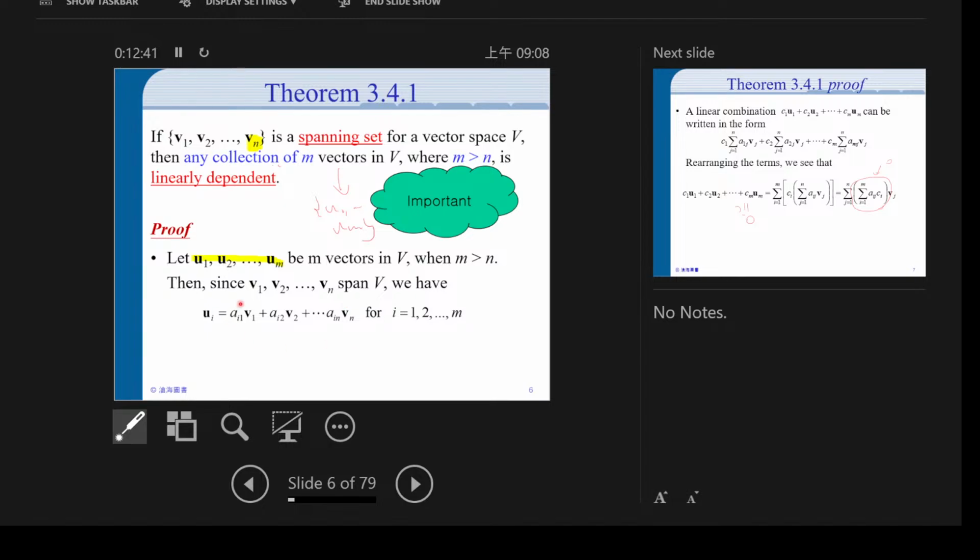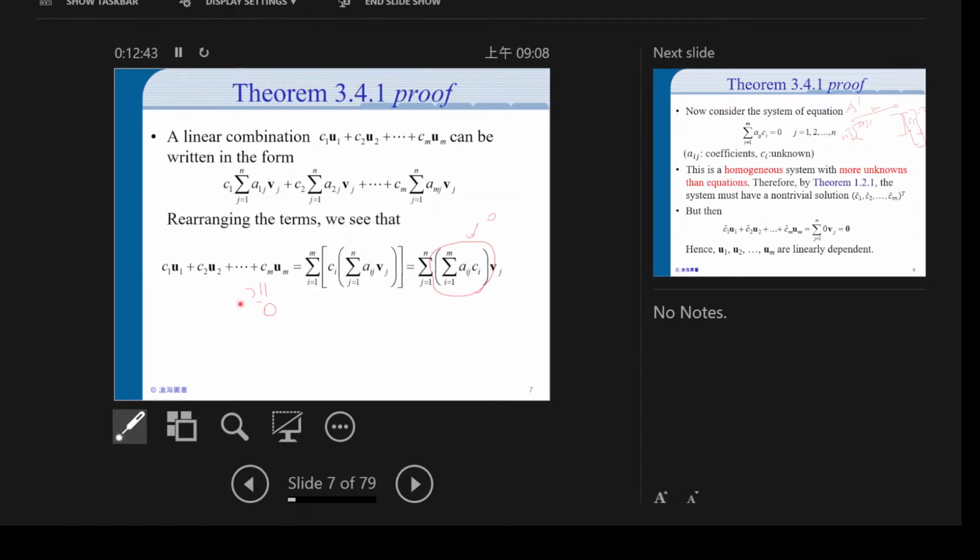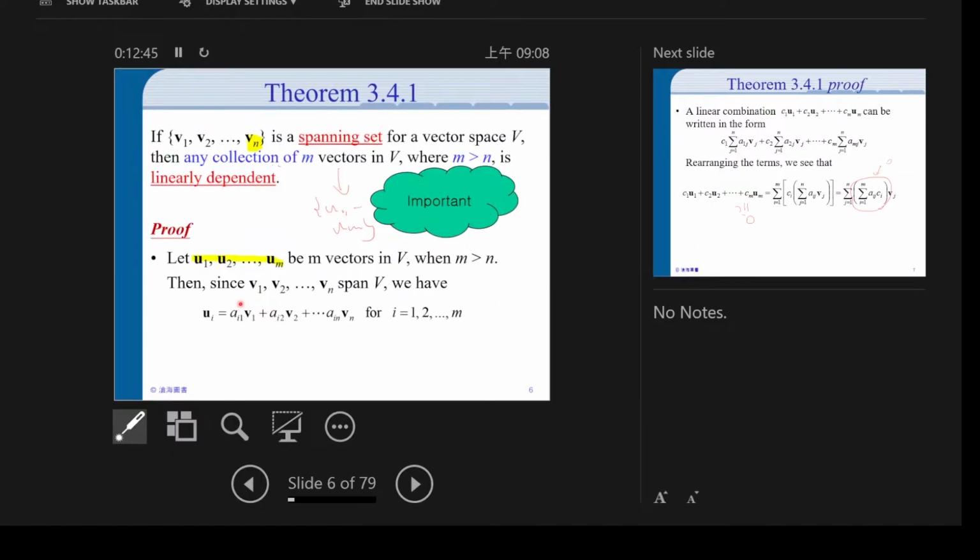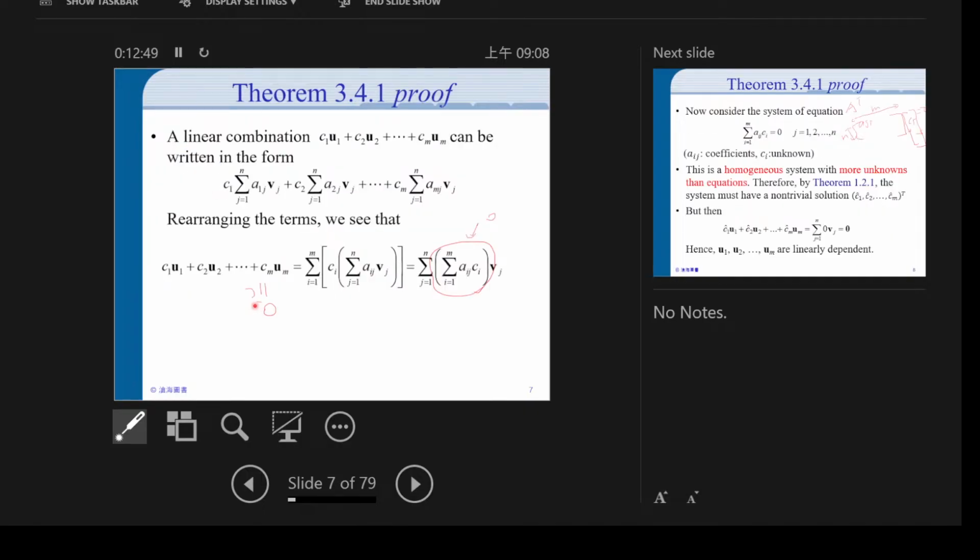Now we want to check whether U1 to UN is linearly independent. So we check this linear combination of U: we want to see whether this equation has a non-trivial solution. So C1U1 plus C2U2 plus all the way to CnUn, and we want to check whether this expression is equal to the zero vector.